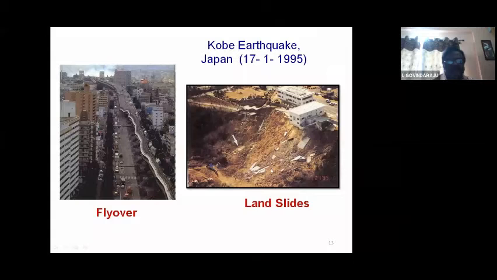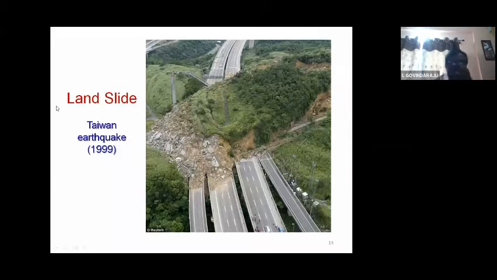And here is a deep landslide during the same earthquake. This is one of the magnificent landslides in Taiwan during the Taiwan earthquake 1999. These things I have collected from the previous literature just to highlight the importance of ground shaking during an earthquake.